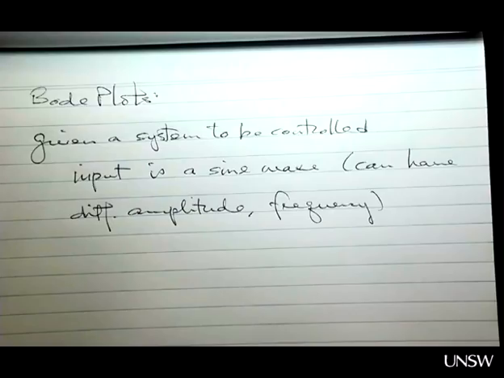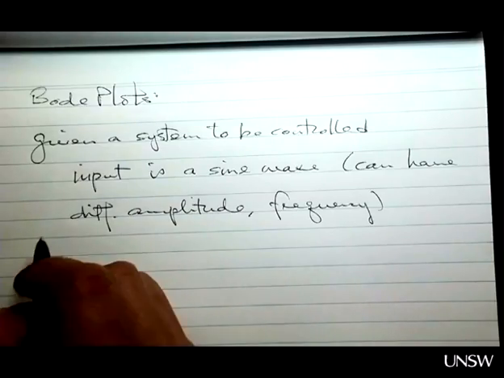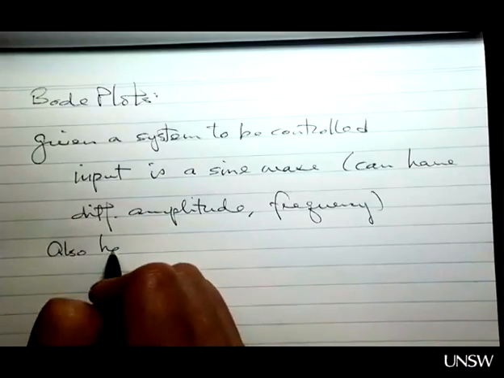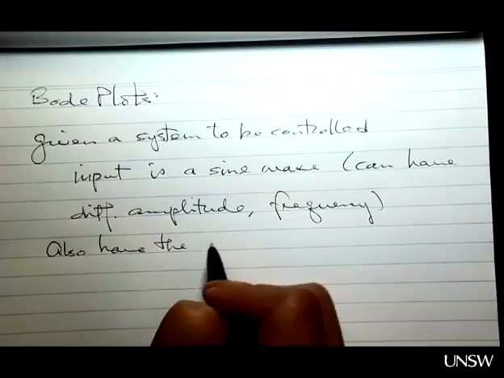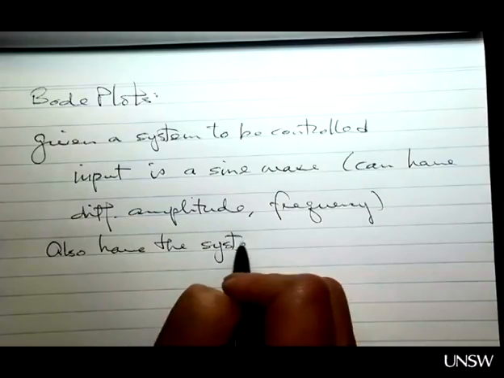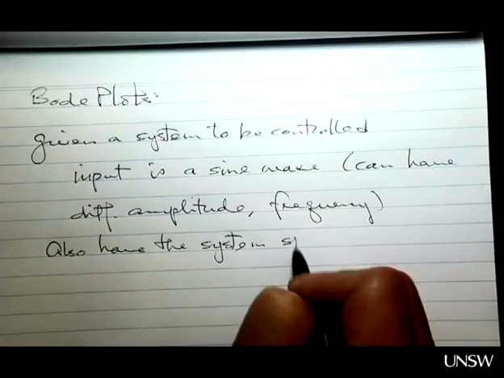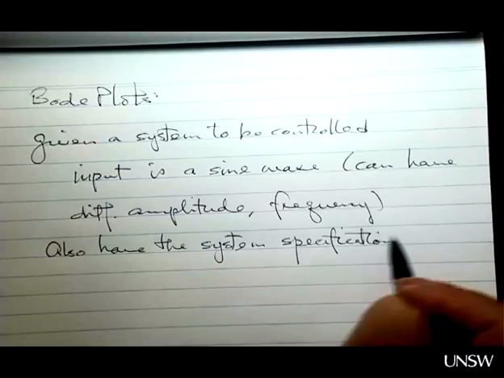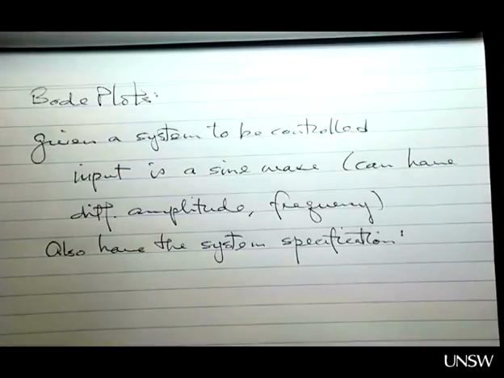And then we also have the system specification. The system specification is very important for any control system.